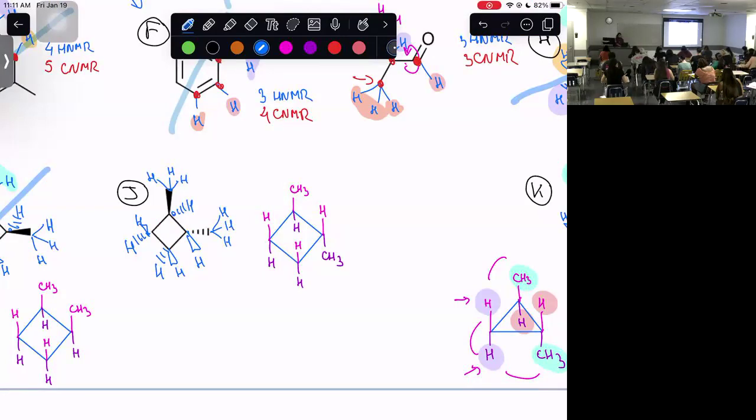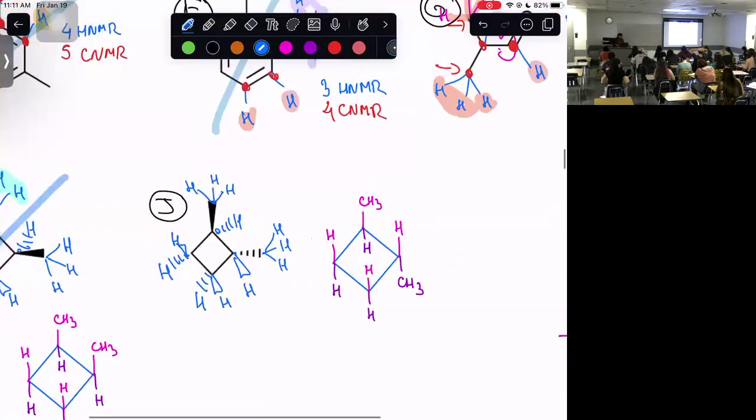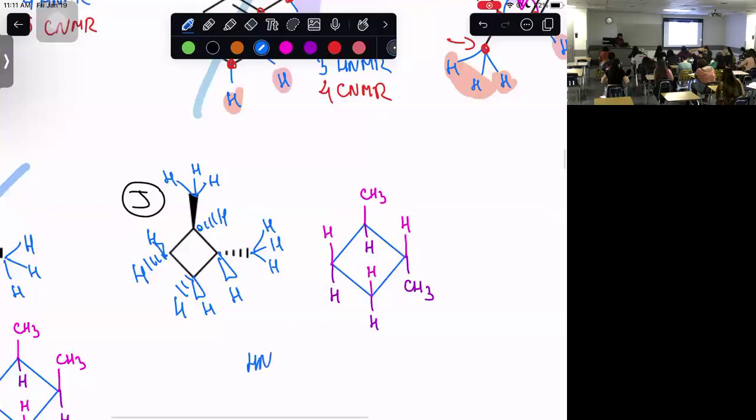And then very last molecule, molecule J. Cyclobutane again, but now it's trans. How many H NMR signals do you see? Four, did everyone get the same?